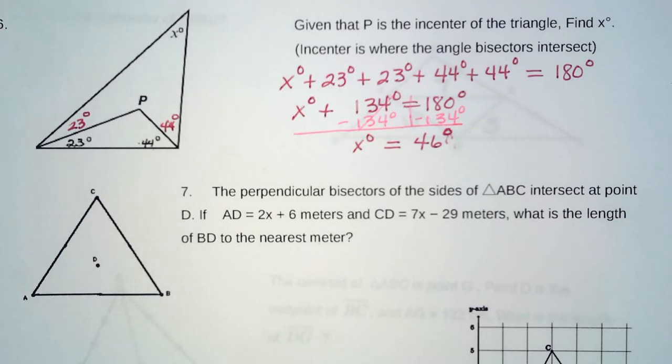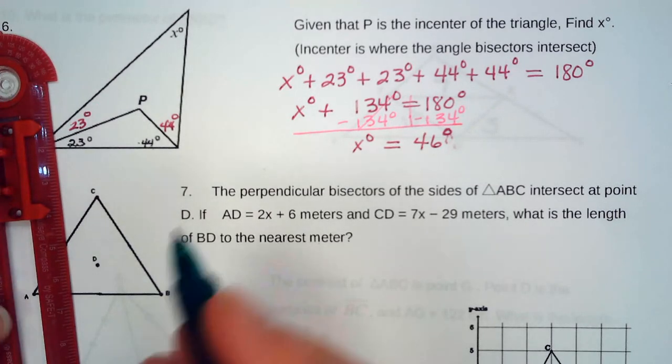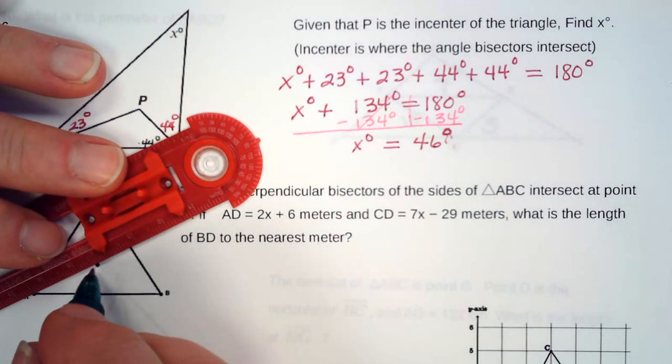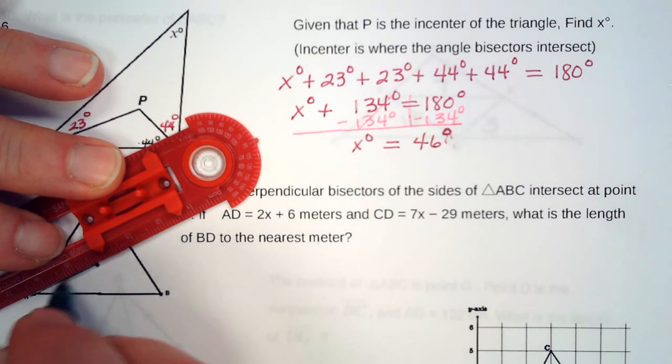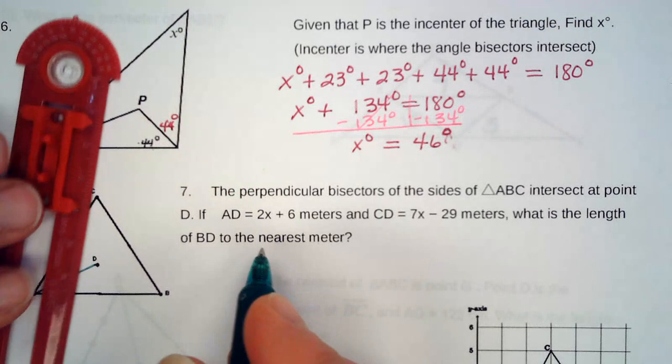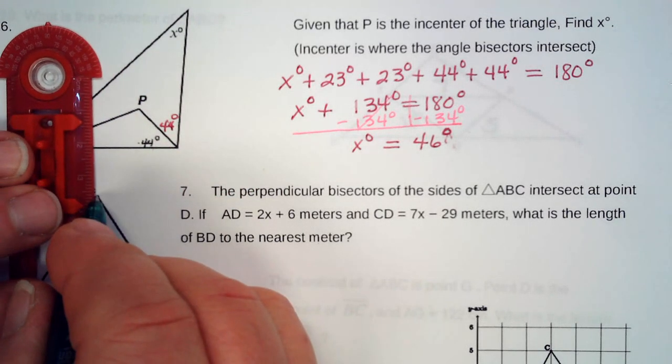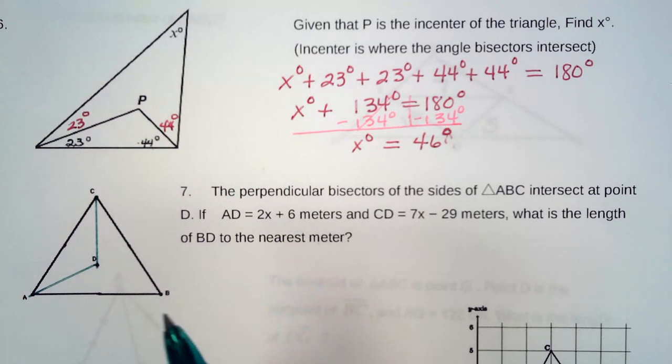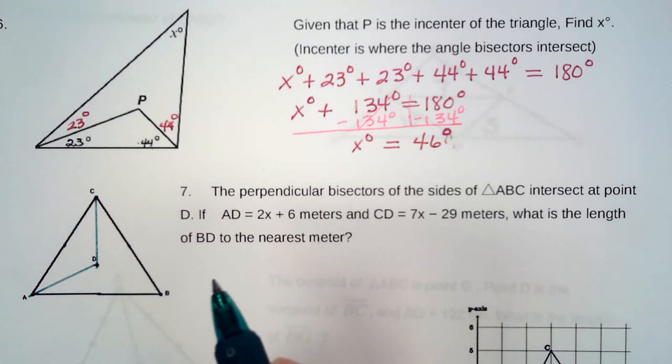First thing you need to do is to draw the picture. If I'm looking at AD, and if I'm looking at CD, what do I know about those two pieces?